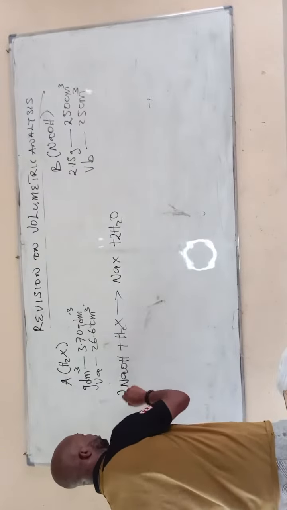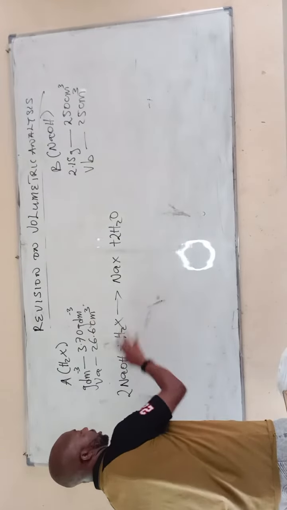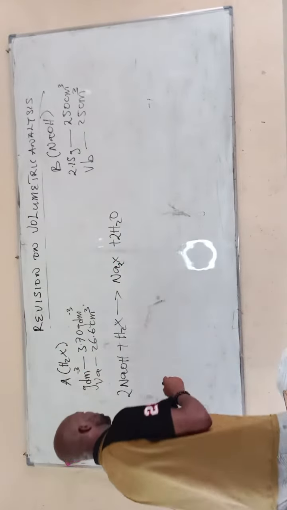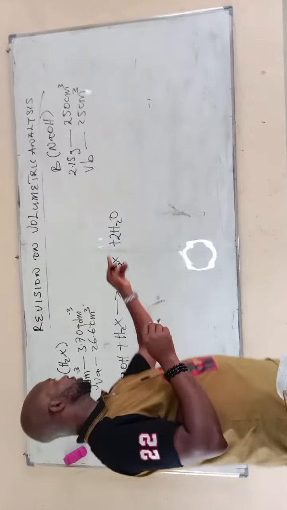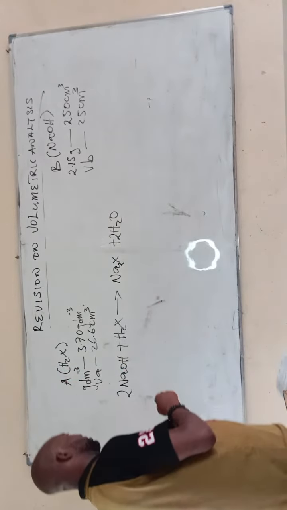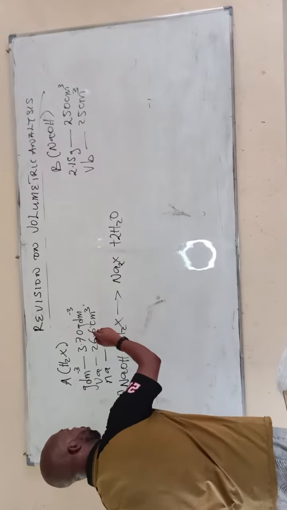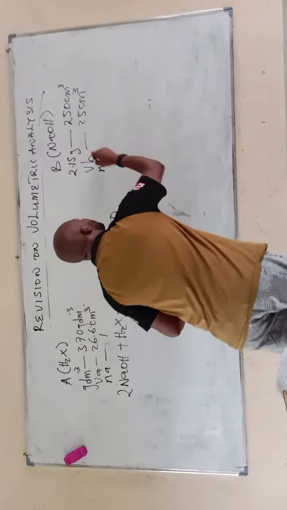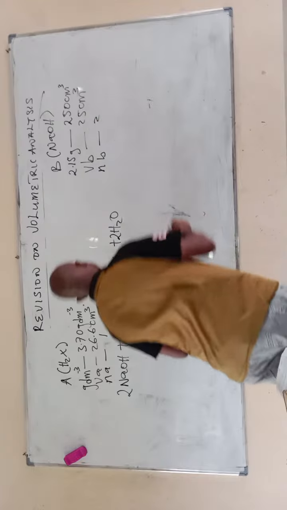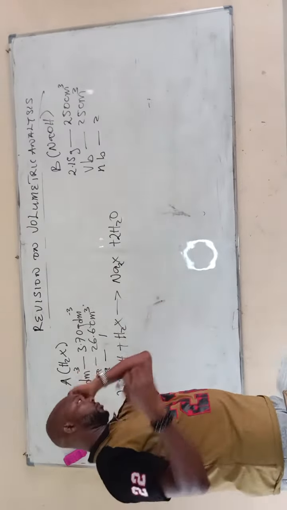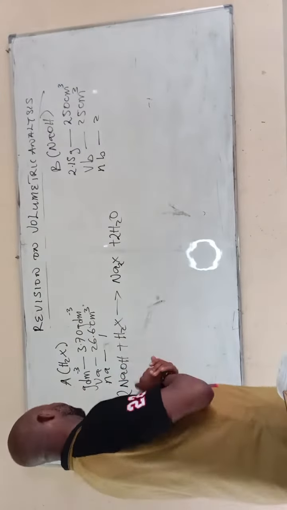And I definitely have to add 2 here, I have 4. Now, sodium is now 2. Oxygen is 2 now. I think everything is balanced. So the number of moles of acid is 1, and the number of moles of base is 2. Now, we don't know what this is. If it is required, I think we'll find out.